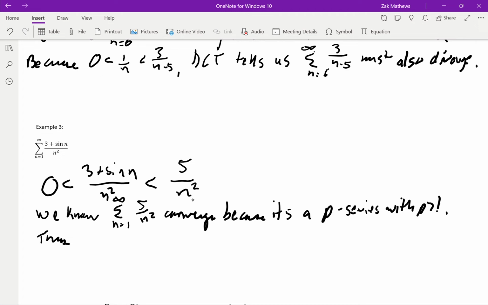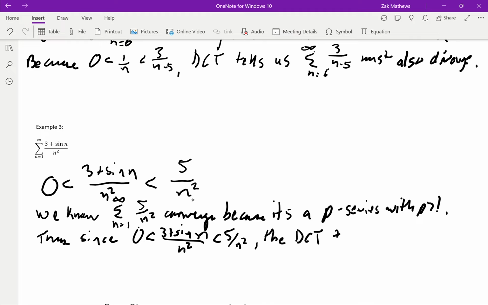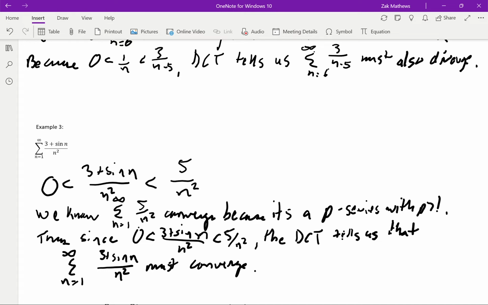Thus, since we have this inequality, the direct comparison test tells us that the series n equals 1 to infinity of (3 plus sine n) over n squared must converge. And there we have it. So those are 3 examples applying our direct comparison test.